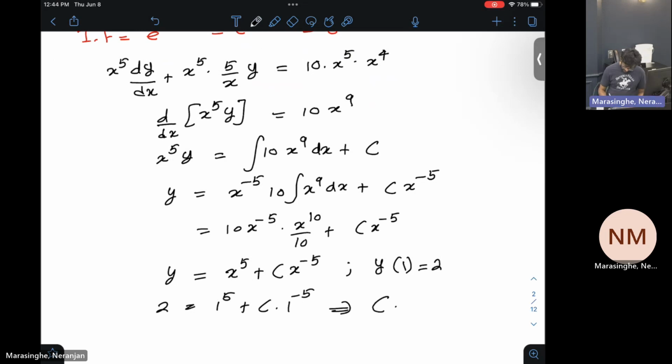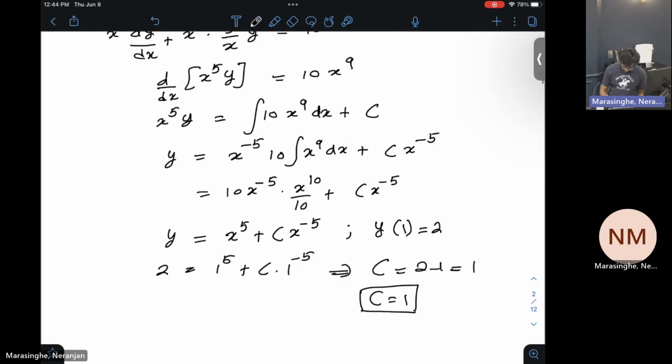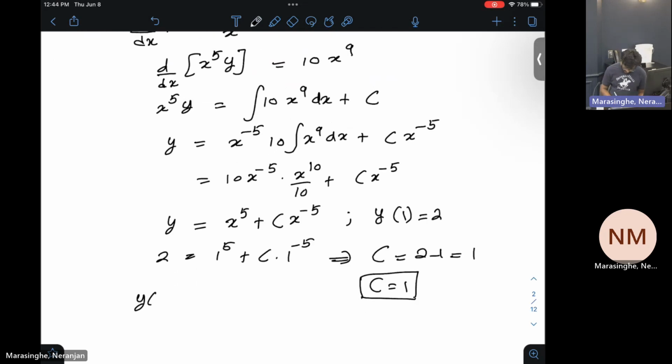I would get c as 2 minus 1, which is equal to 1. Now I know the value of this constant, so now I can write my final solution. y(x) is equal to x to the power 5 plus x to the power minus 5.